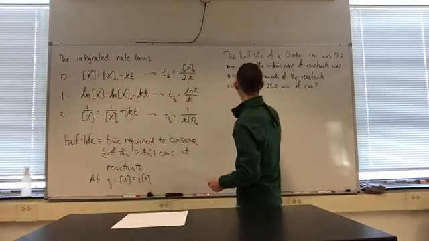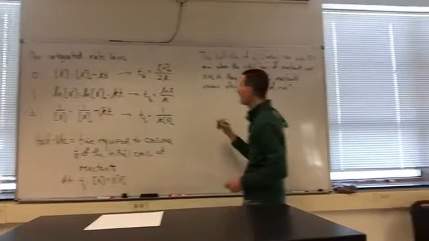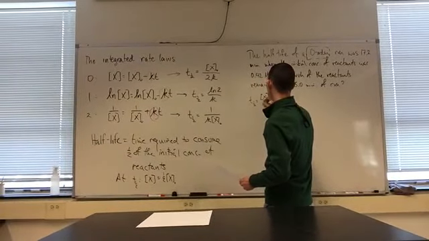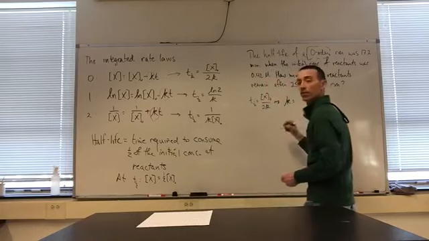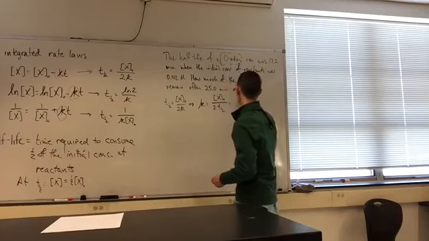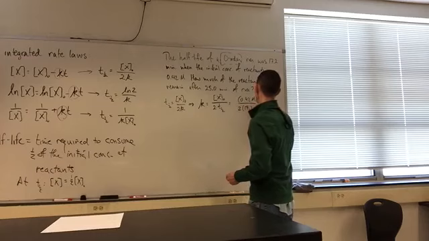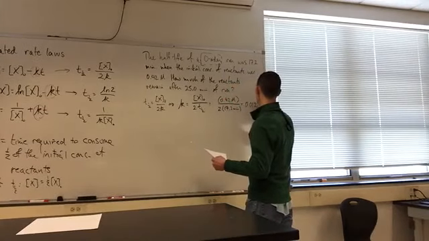Okay? So we are told, key information here, that this is a zero-order reaction. Right? So for the zero-order reaction, the half-life is equal to the initial concentration divided by 2k. So we need to manipulate this to solve for k, the rate constant. That would be the initial concentration divided by 2 and the half-life, or 0.42 molar divided by 2 and 17.2 minutes, which is 0.0122.